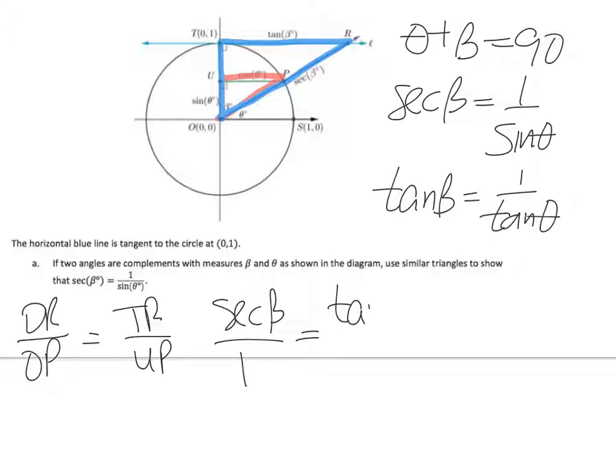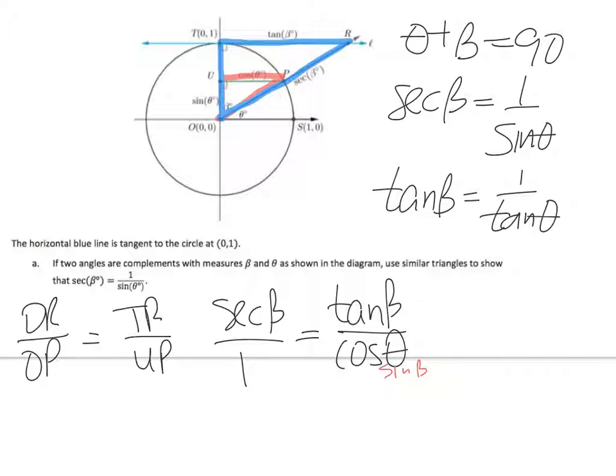TR is tangent beta, and looking back, UP is cosine theta. Since cosine theta equals sine beta, which we just wrote, and sine theta equals cosine beta.